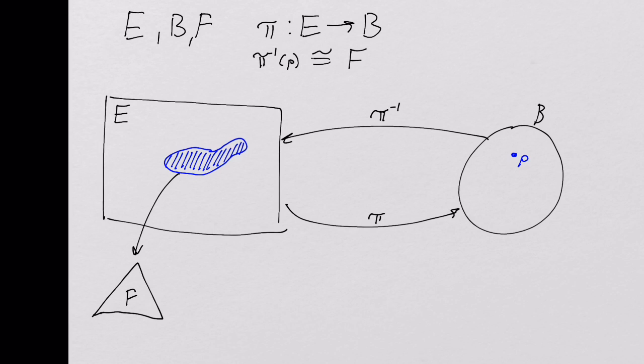I'll make the fiber a little triangle. And so this region here is the preimage under the projection of the point P. And the preimage of the point P is diffeomorphic to the standard fiber.